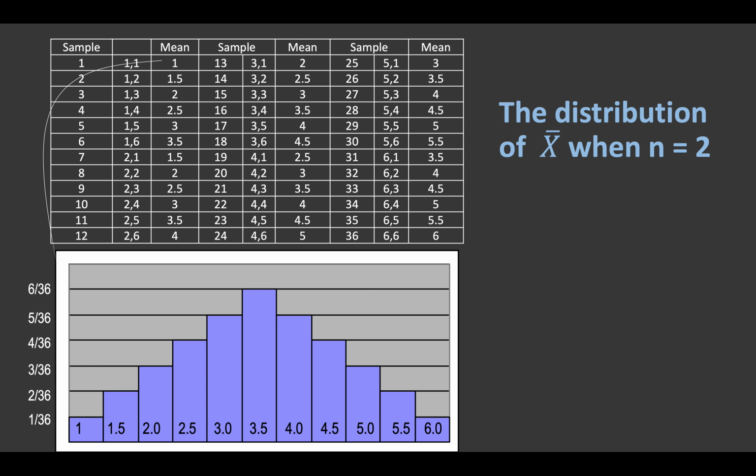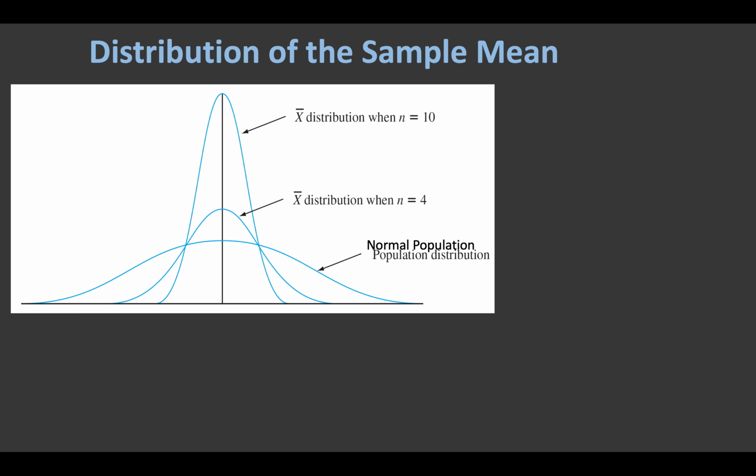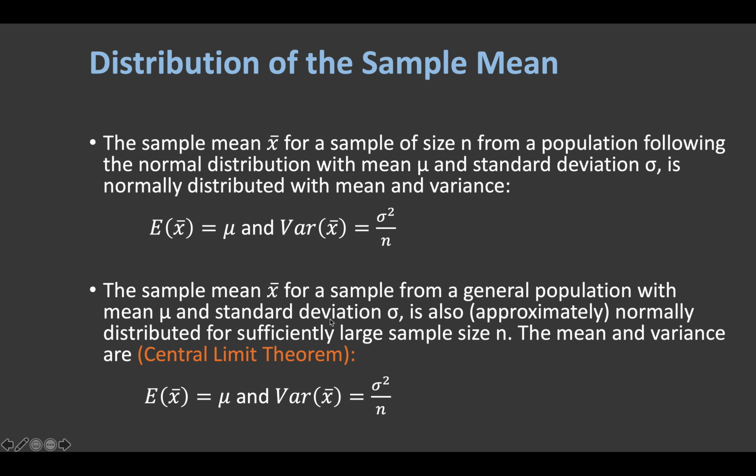When you draw from a sample which is large enough, sufficiently large sample size n, it becomes to follow a normal distribution. So that is really interesting. And we basically can treat it as a normal distribution.